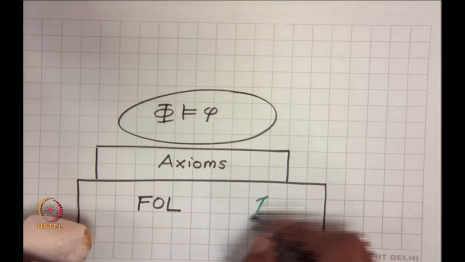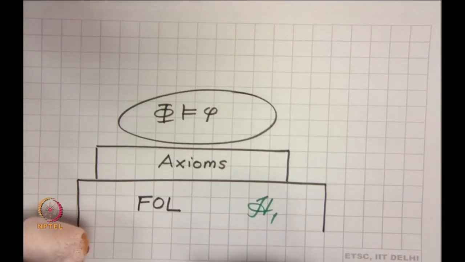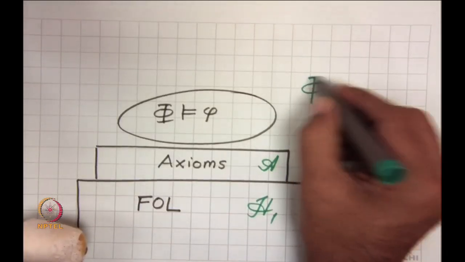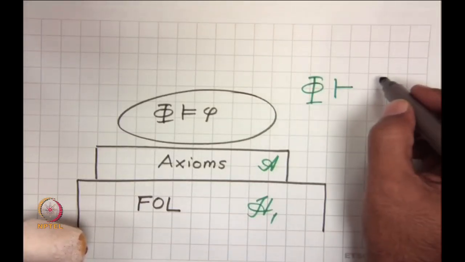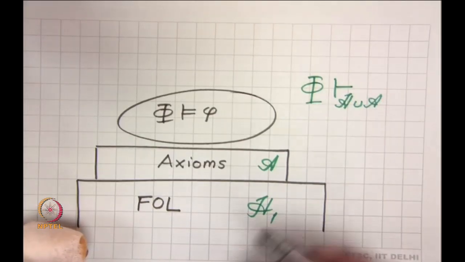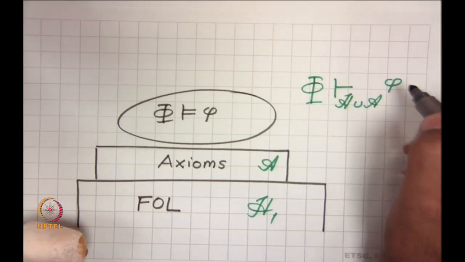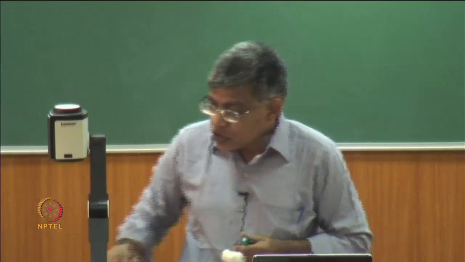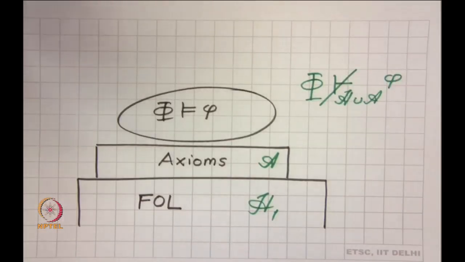This is your Hilbert style axiom system: you take the set of axioms and you try to prove theorems. So, using H1 union A, you try to prove this phi and you find that it is not provable. Then what does it mean? It means that your axioms are not sufficient.